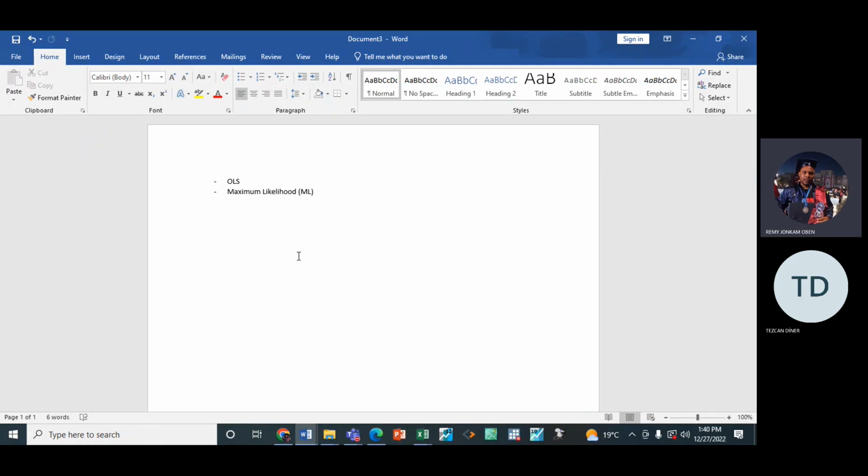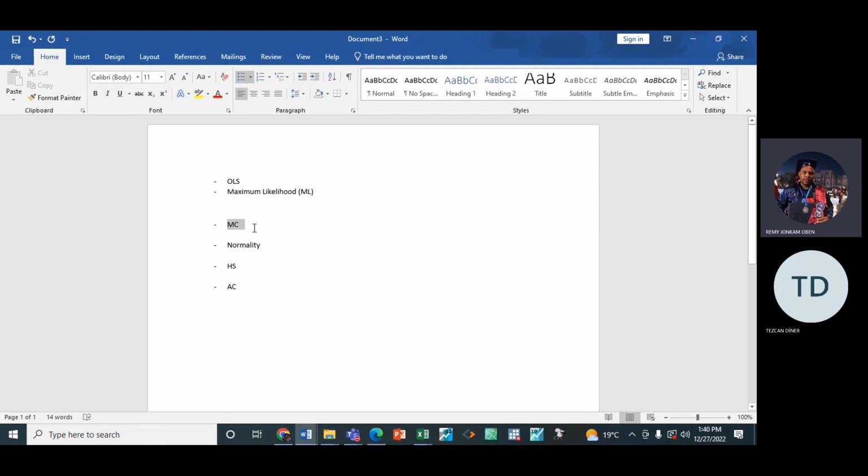But actually, 4 important assumptions: multicollinearity, normality, heteroskedasticity, and autocorrelation. There are other assumptions like linearity and whatever you have seen, but these 4 assumptions we have to see in detail, right?